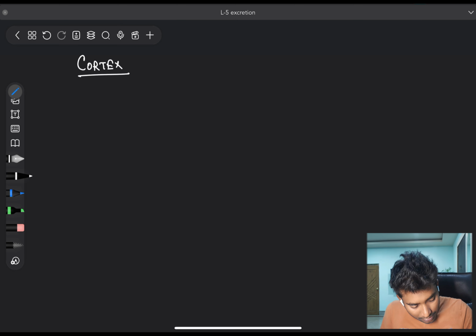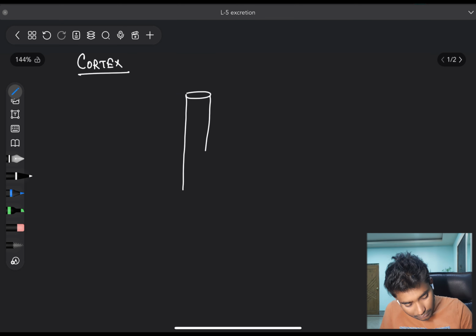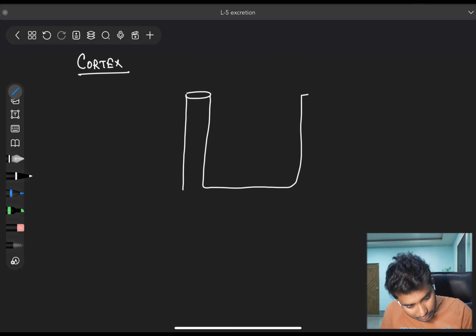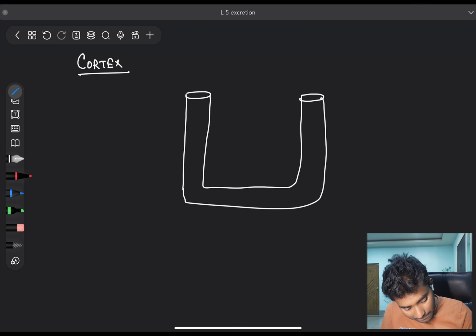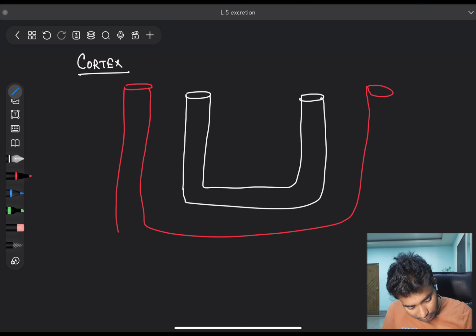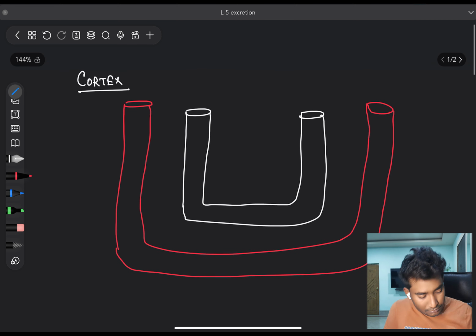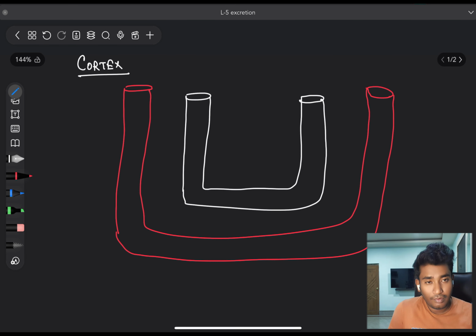Let me draw a figure first. I am not going to make fine art, but these are pictures to help you understand.